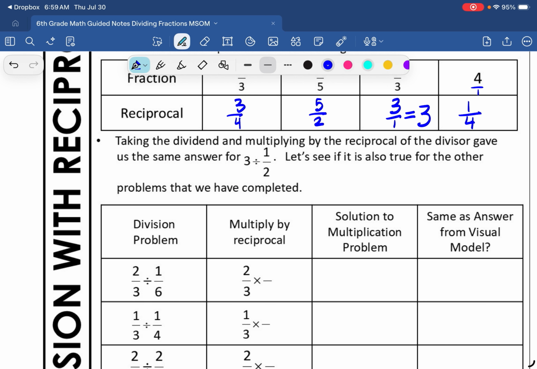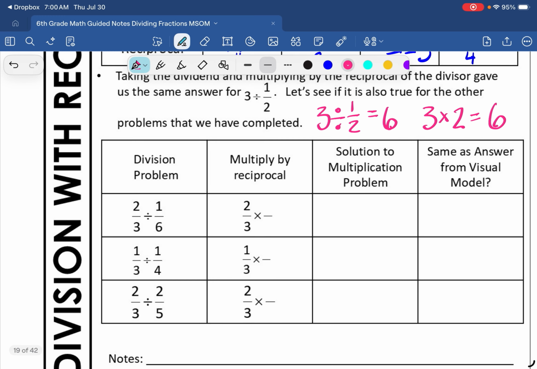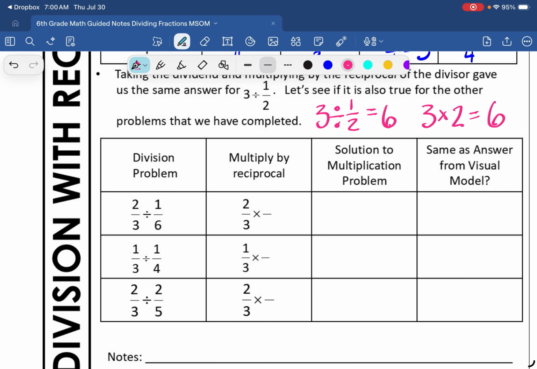So what we are saying here is we noticed that 3 divided by 1/2 equals 6, and if I multiply by the reciprocal, 3 times 2, that also gives me 6. So these are problems that we have already completed. We've already figured out that 2/3 divided by 1/6 equals 4.